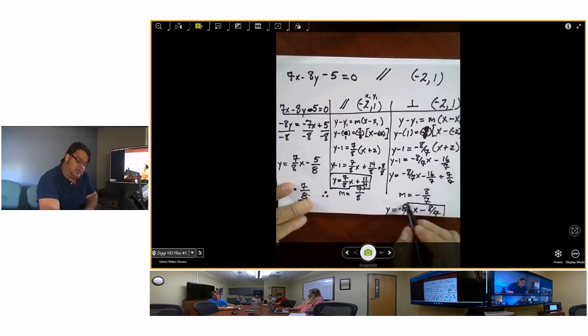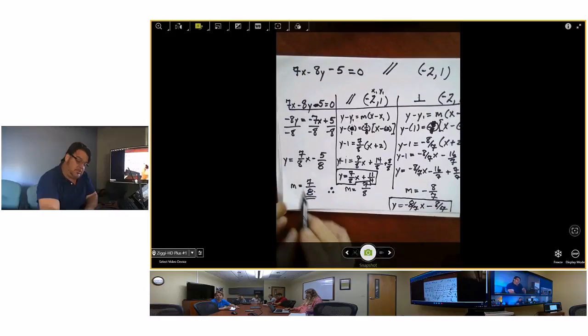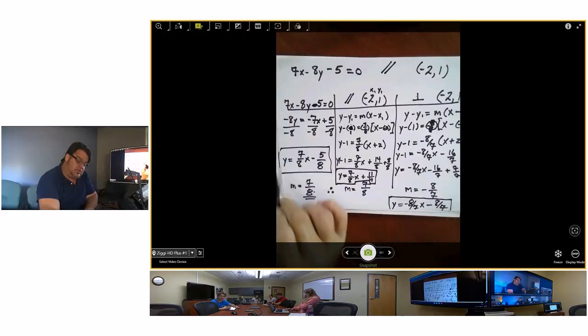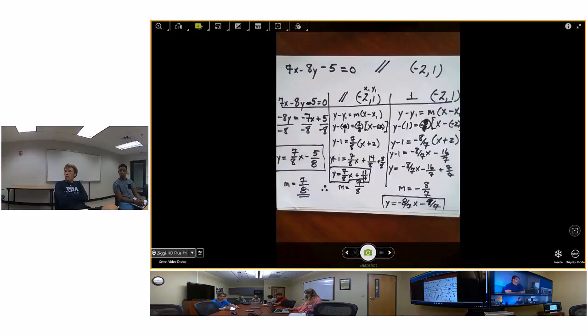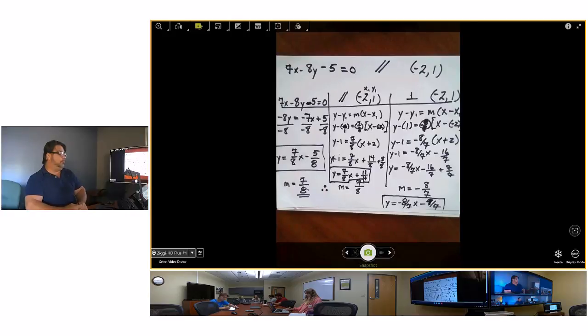And that line is perpendicular to this line.